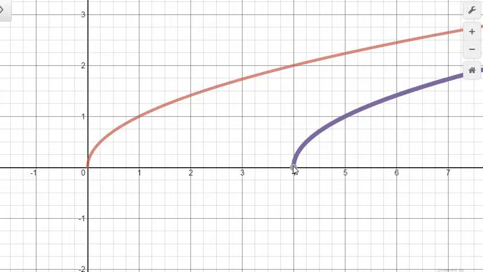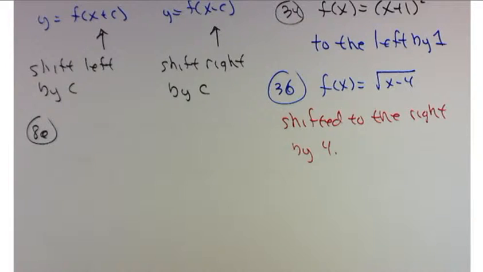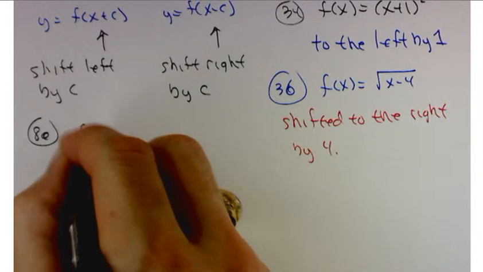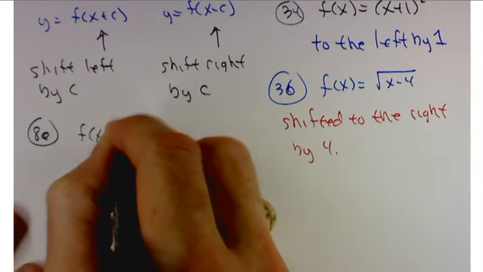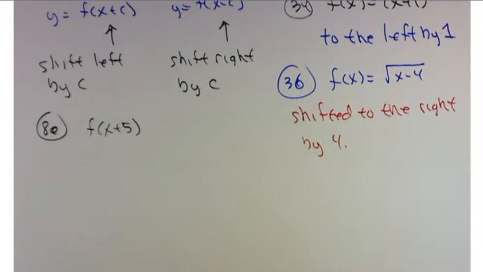But let's try and make this a little bit different with the next problem, and that is problem number 8a. So you have some graph of f of x, and I don't think it's even really specified in the problem, but they want you to describe how the graph of f of x plus 5 would look in comparison to the graph of f of x.